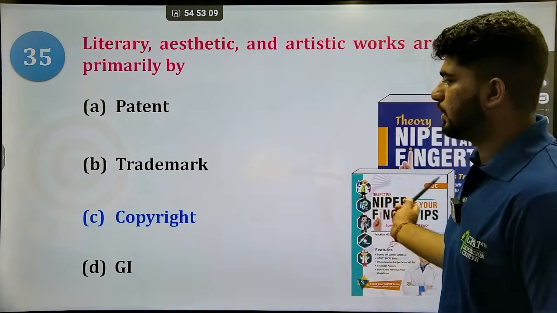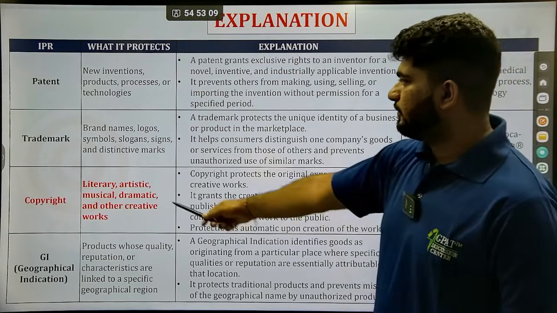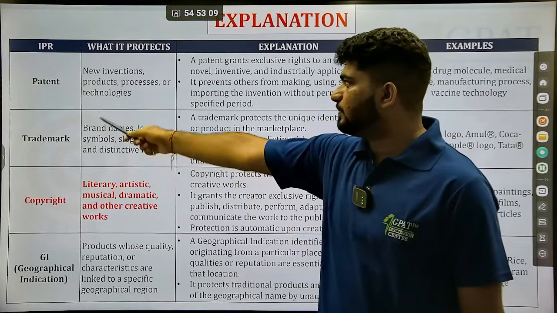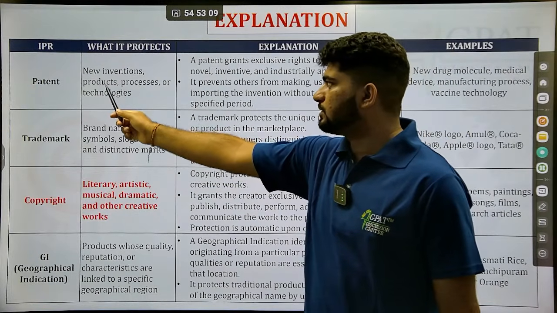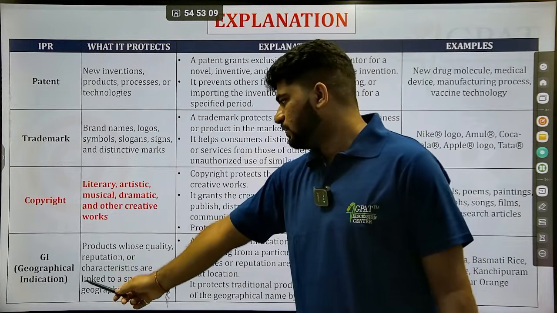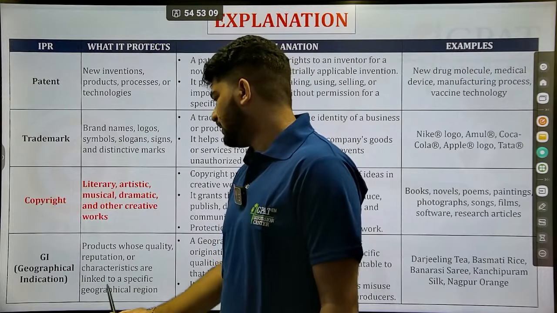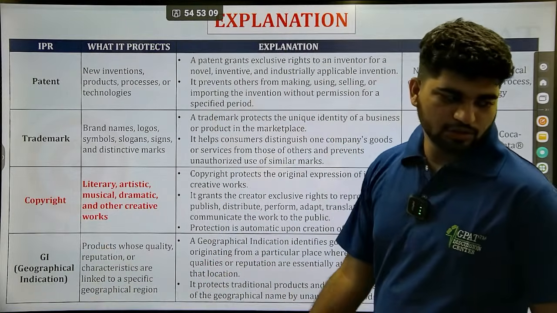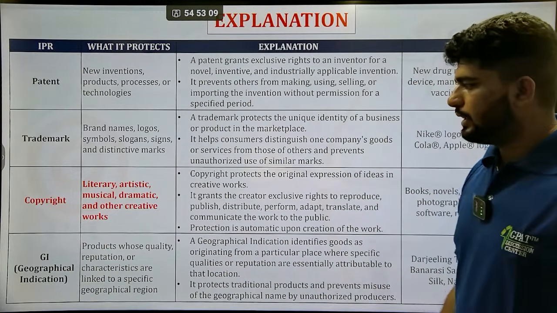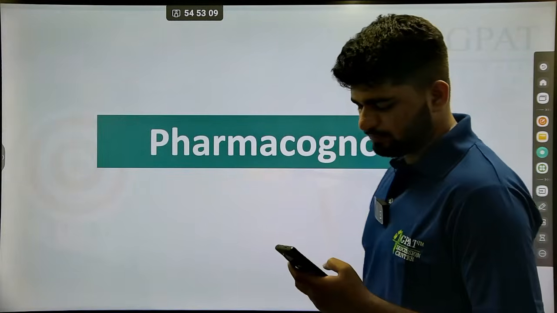Trademark is for your brand name, logos, symbols. Patent is for innovations, inventions, products, processes, technologies. A geographical indication is for a product whose quality, reputation, or characteristics are linked to a specific geographical region.